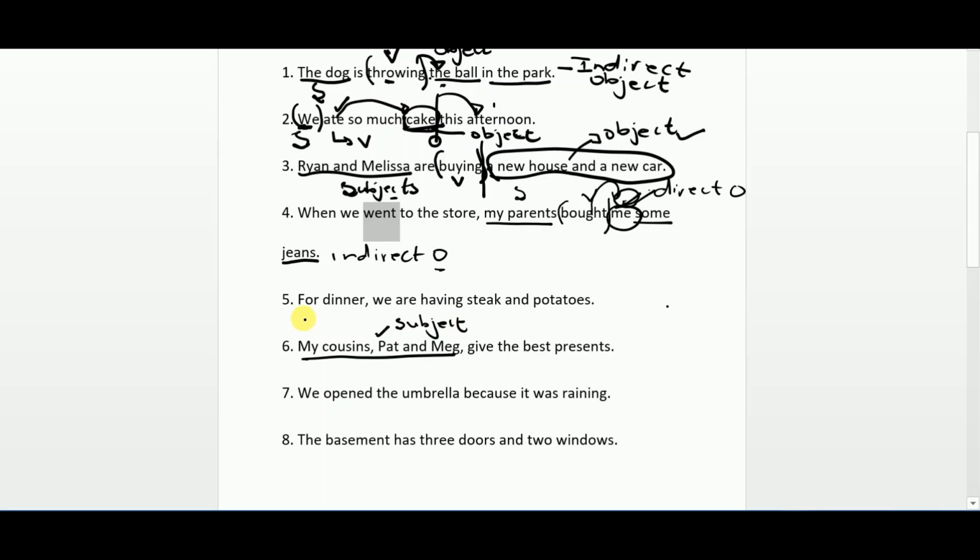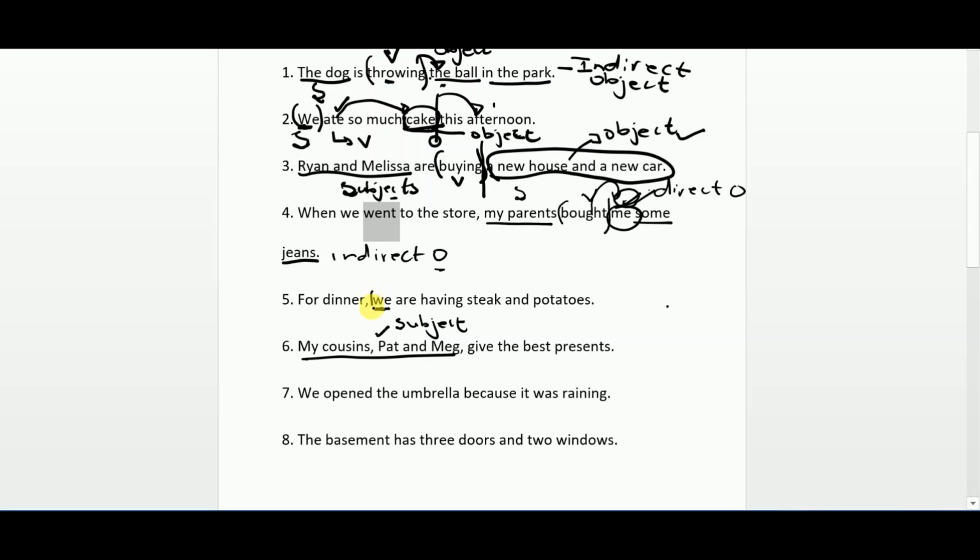However, you look at unique sentences like sentence 5, where it states for dinner. It is only after for dinner that the pronoun we is introduced, and that's when the subject is being introduced. So please don't get confused. Be mindful that a subject will always be the doer, anything or anyone who performs the action.